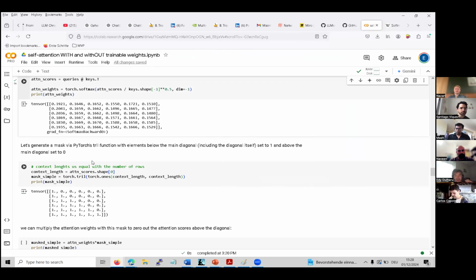Let me see how I can better describe the need for such an approach to make all the elements above the diagonal 0. When a large language model is looking at an attention score matrix, at a particular query, let's say in this example, journey, basically it looks at the entire row at once.